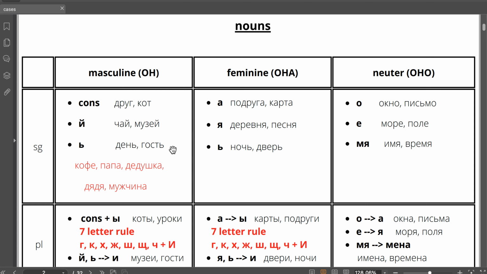So you can connect it. Yeah. During the day you go to work and your boss is waiting for you there. So he's a guy. So it's masculine. And when you go back home from work, it's going to be night very soon. So your wife or your sister or your girlfriend, some woman is waiting for you at home. So night is feminine. That was a very simple example how you can really start connecting things.